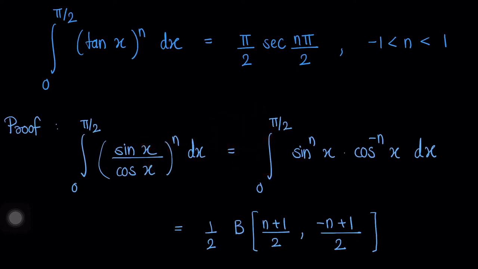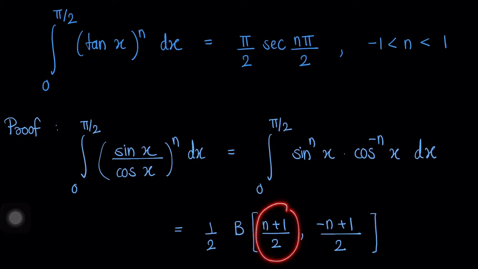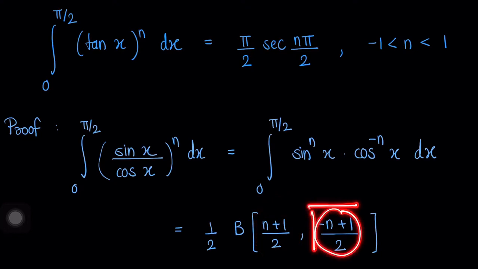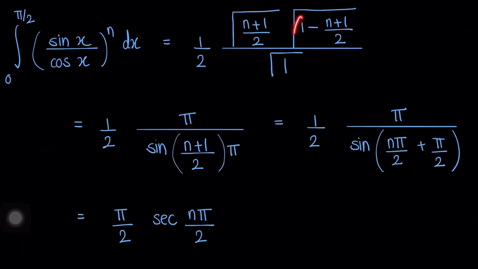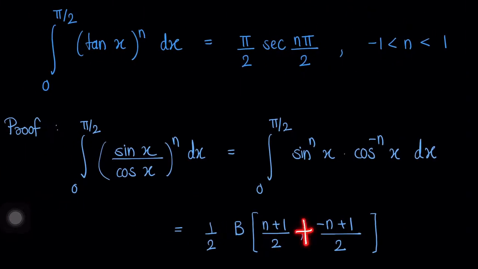So using the relation between beta and gamma, we have this is equal to 1 by 2 as it is, gamma of n plus 1 by 2, that is this one, into gamma of this one, and we can write this as 1 minus this one. So gamma of 1 minus n plus 1 by 2 divided by gamma of addition of these two.